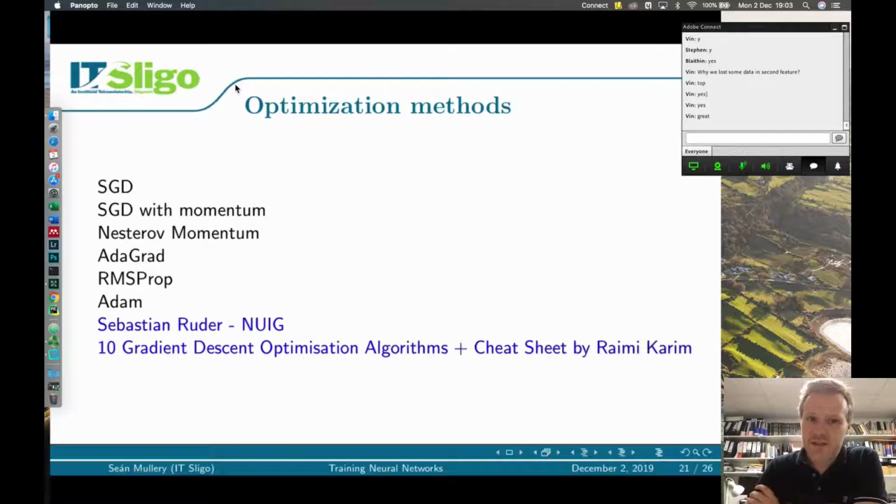Stochastic gradient descent in its basic form was found to have some problems, whereby it was very influenced by something like a valley that was very steep on one feature and not so steep on another feature. And of course, if you've got millions of these features, you've got a problem.